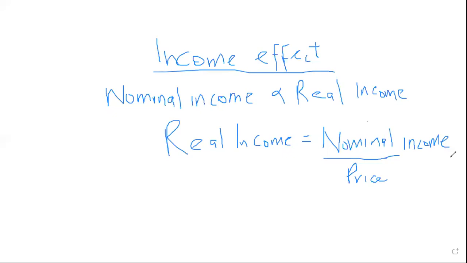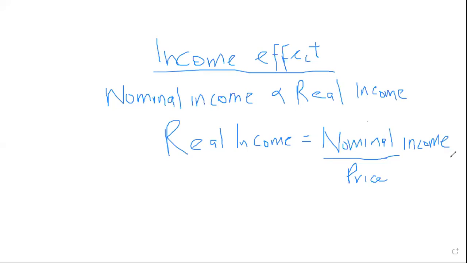That's my real income. Okay? So get this distinction, a nominal income and a real income. So real income is your purchasing power. So it's more or less your ability to buy goods, the quantities of goods and services that you can buy. That is your real income.